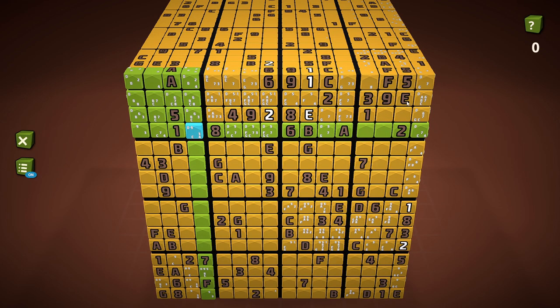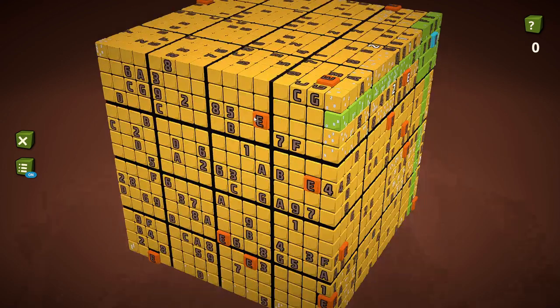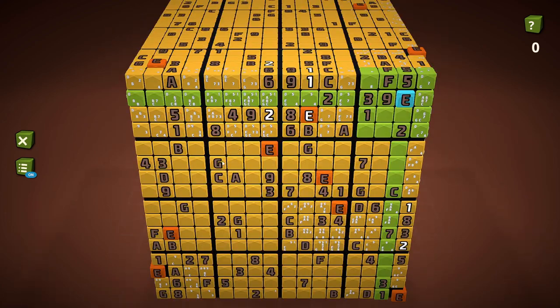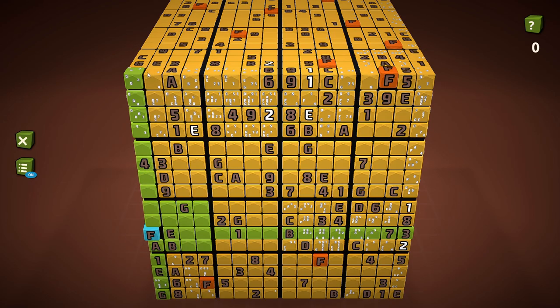Gosh. E. Can't be top, can't be second, can't be third, has to be bottom. But can't be that one, can't be that one. So this has to be an E then. So E can only be on the top row, but it looks like it could be any of them. Can't be there, there, or there.